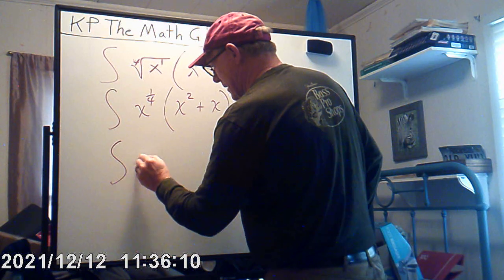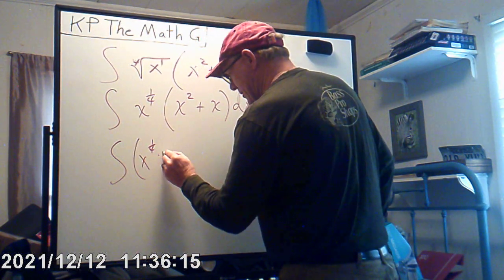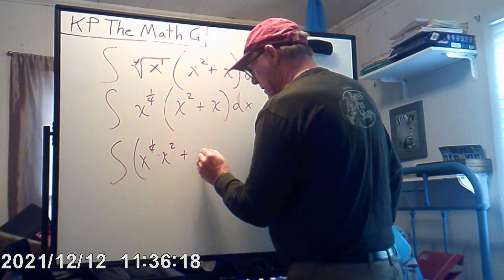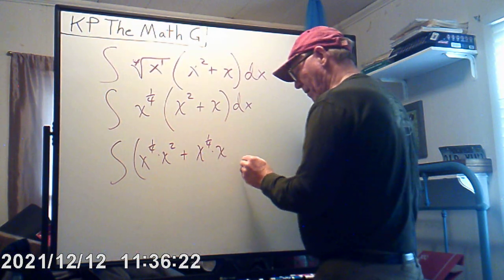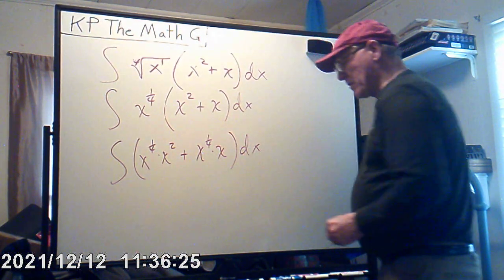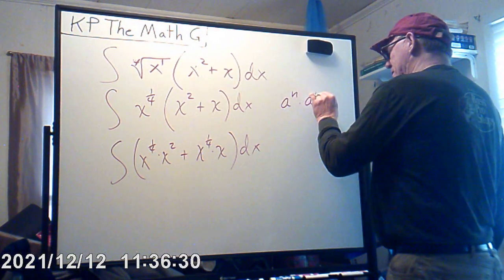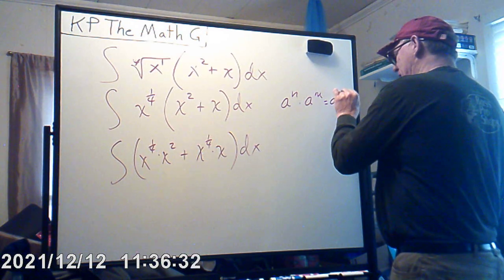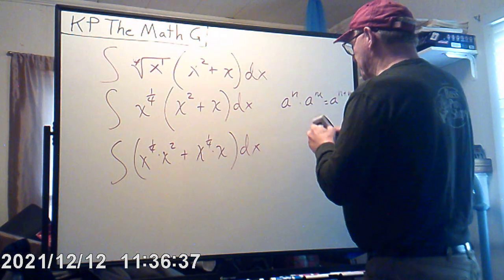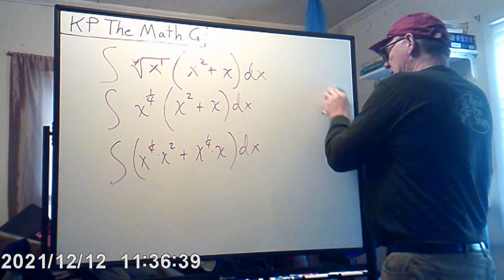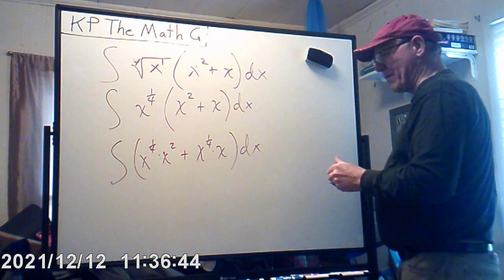That's going to be x to the 1/4 times x squared plus x to the 1/4 times x dx. Now remember, when you have a to the n times a to the m, it's a to the n plus m. Remember that? So I can have 1/4 plus 2. Okay, and that's actually 2 1/4.